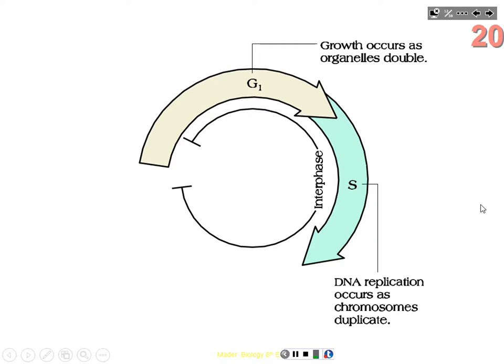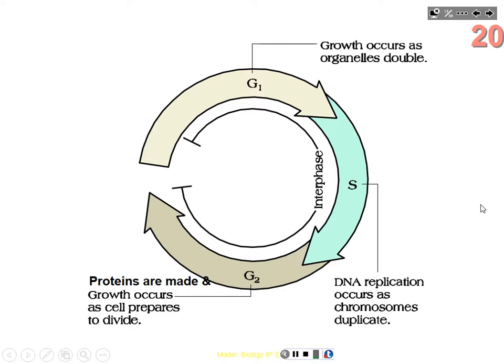That replicated piece of chromatin that now has condensed has to be torn apart and each half put into separate nuclei. The thing that's going to tear that apart and move it around for us are proteins. So G2 is all about making some proteins, getting ready for division, and continuing to grow.